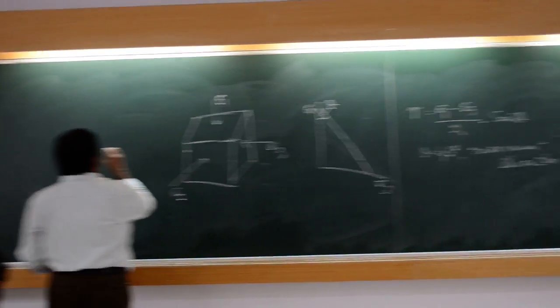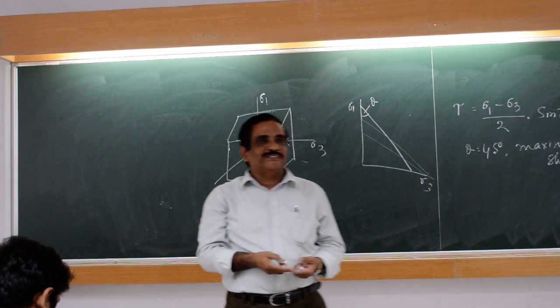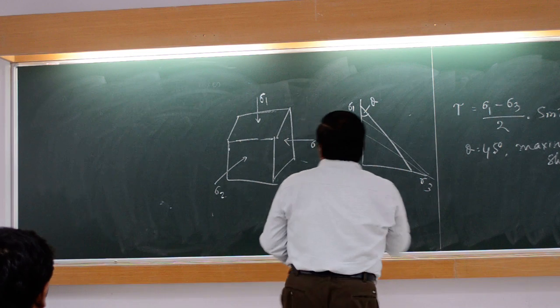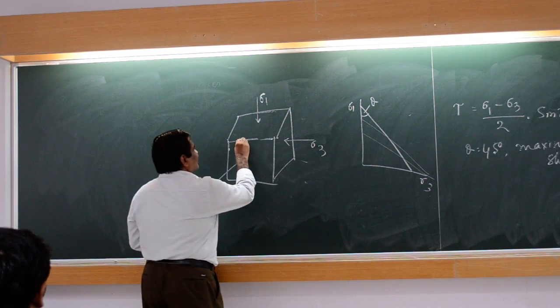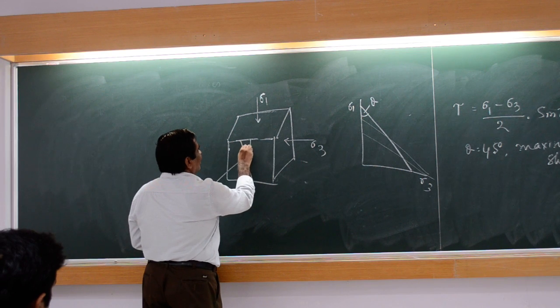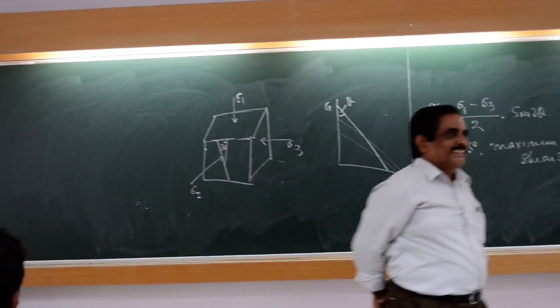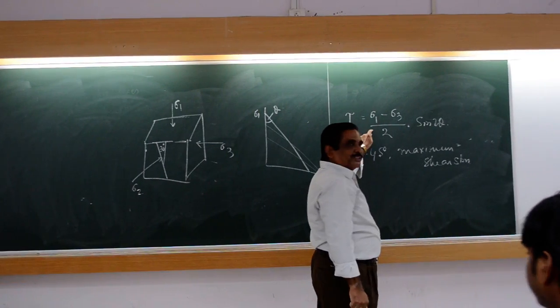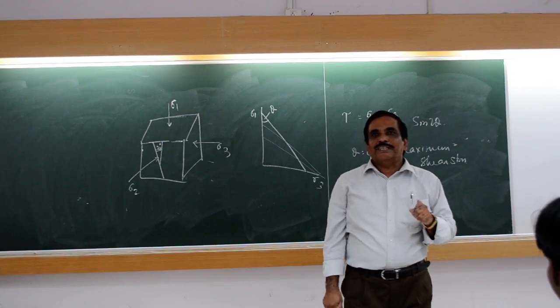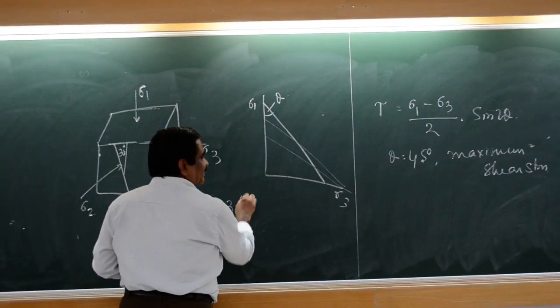Now, point is, when Moore carried out this experiment, he found the fractures are developing at 30 degree angle. With sigma 1, it is developing at 30 degree angle, not at 45 degree angle. So, as per this formula, it should break at 45, but he found instead of 45, it breaks at 30 degree.